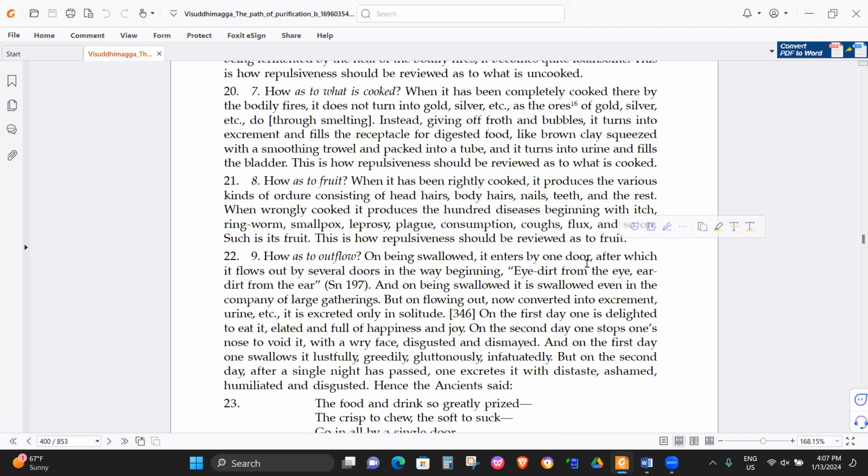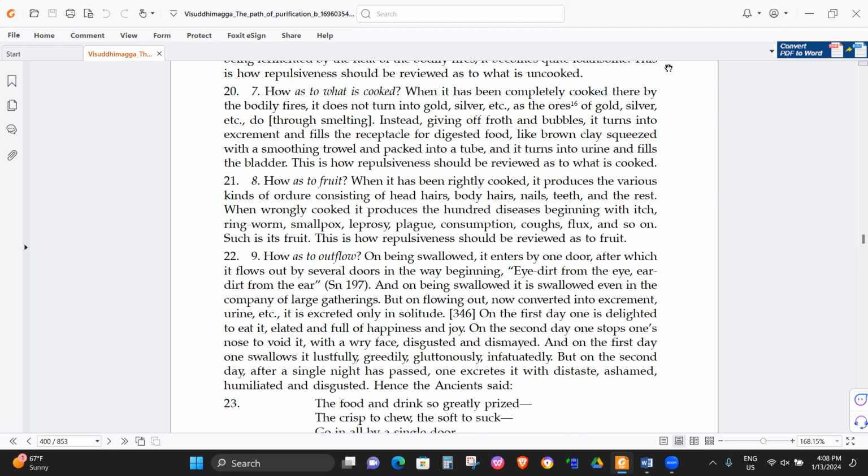Okay, 21. Amy, can you try? As to fruit, when it has been rightly cooked, it produces various kinds of odor consisting of head hair, body hair, nails, teeth, and the rest.